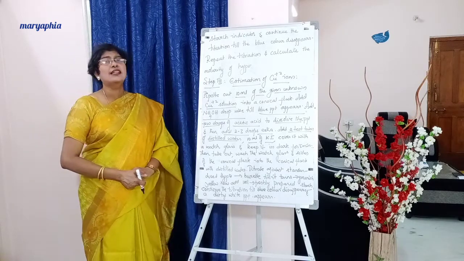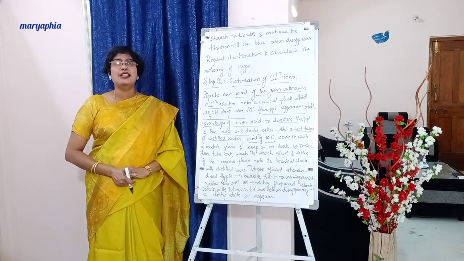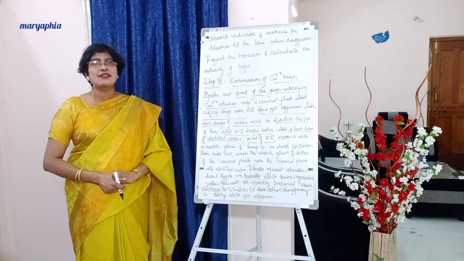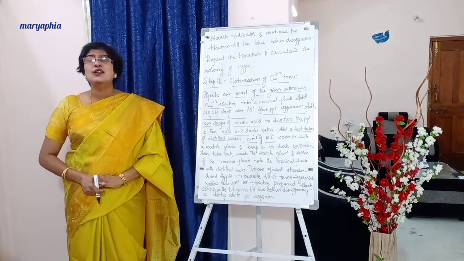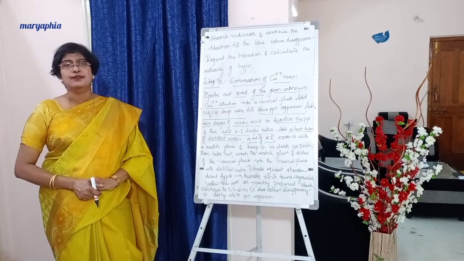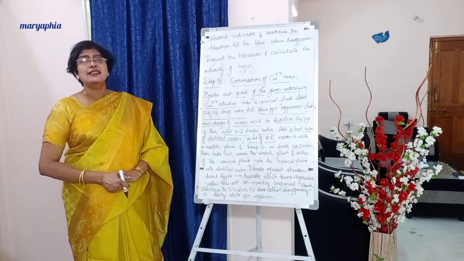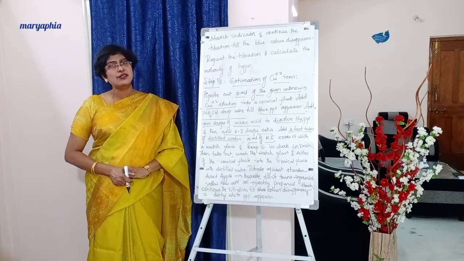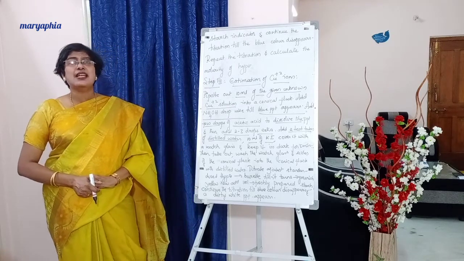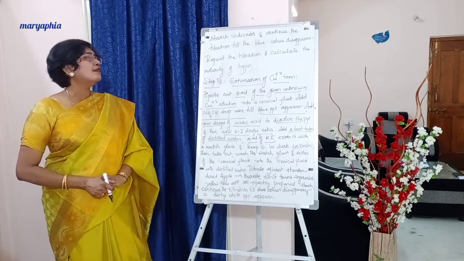This blue color disappears. At this point, we need to note the burette reading. Full stop. Repeat the titration and calculate molarity of hypo. Full stop. Okay, students, this is the second step, that is standardization of hypo.